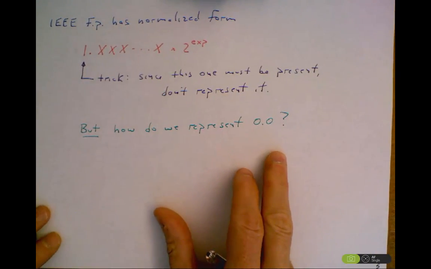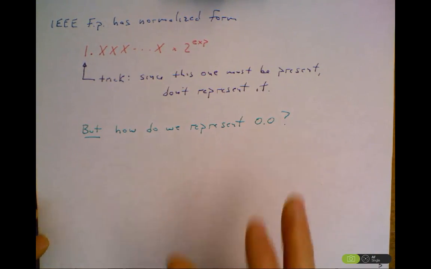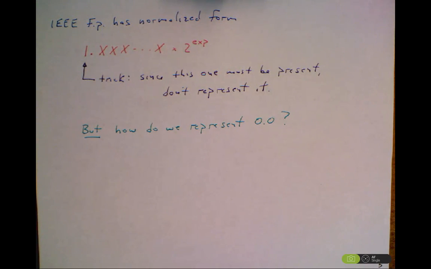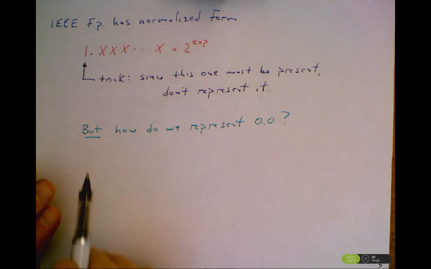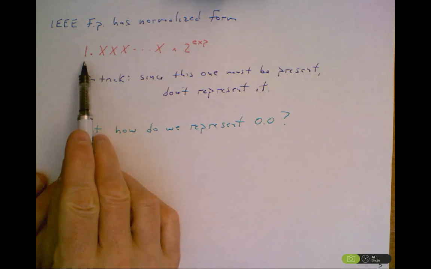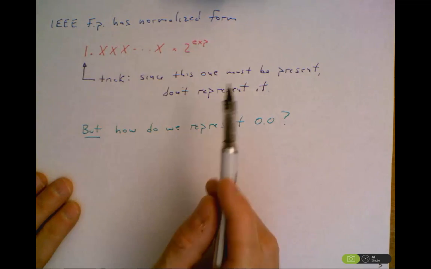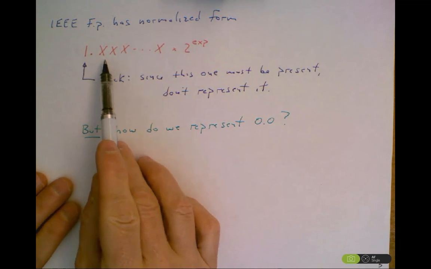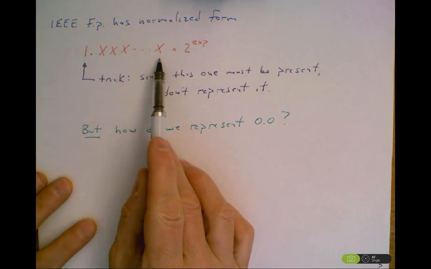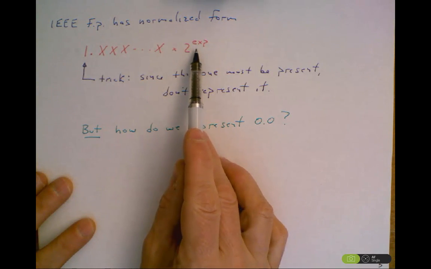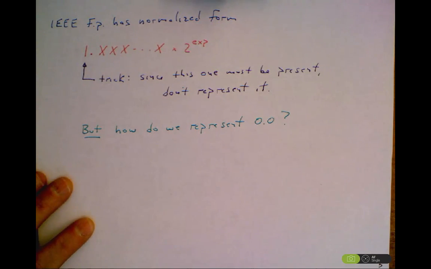Just like my chemistry teacher in high school, IEEE floating point has a normalized form. It insists on a single 1 bit to the left of the radix point, followed by the rest of the significand times 2 to some exponent.